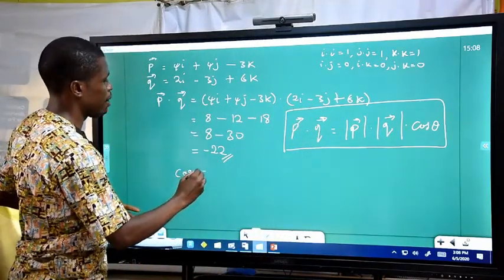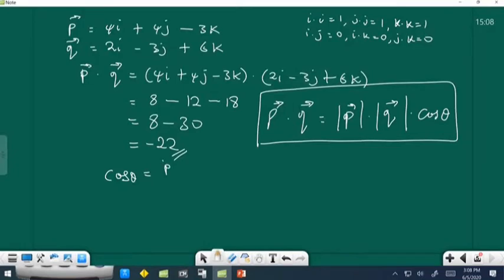So cos theta is P vector dot Q vector divided by the modulus of vector P multiplied by the modulus of vector Q. So we substitute. We already have the value of the dot product as minus 22.